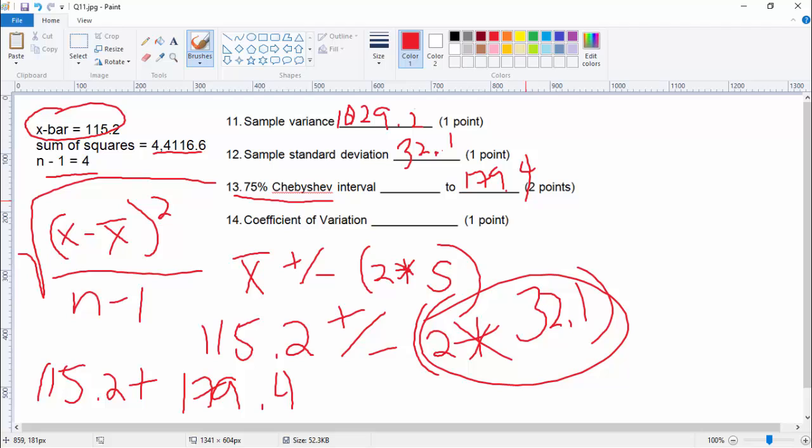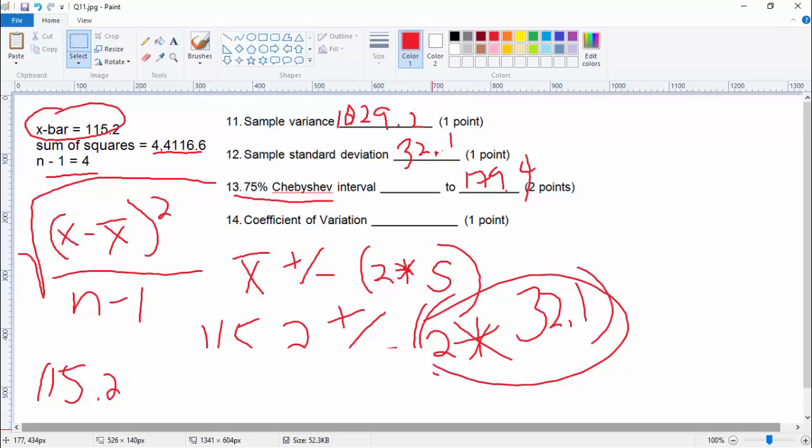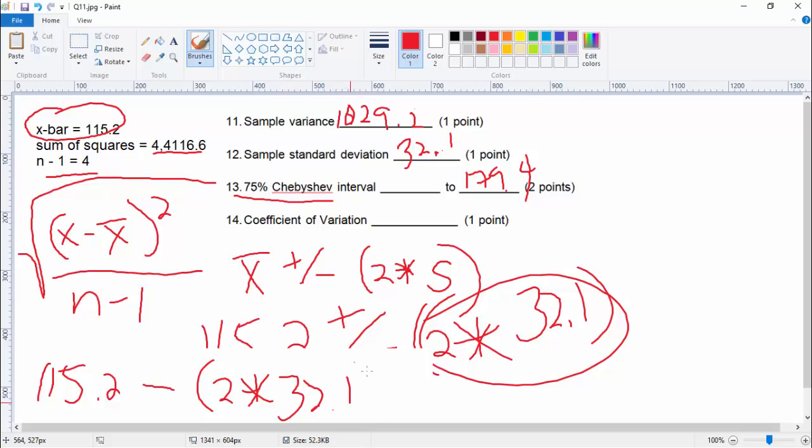But if you do the minus version, we're doing minus 2 times 32.1. Then you're going to get the lower one, and that's 51. So that would go here.